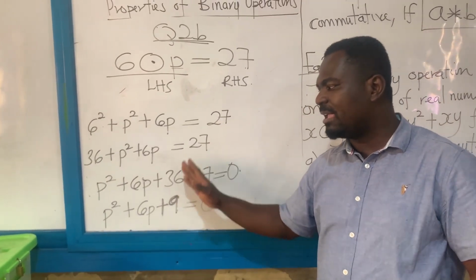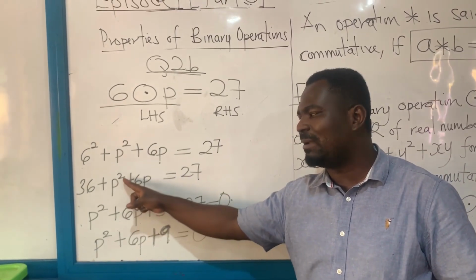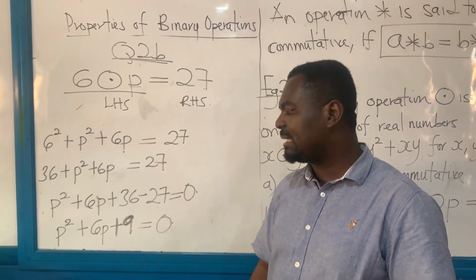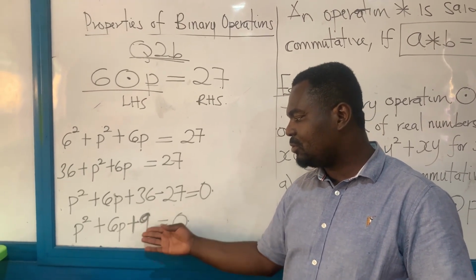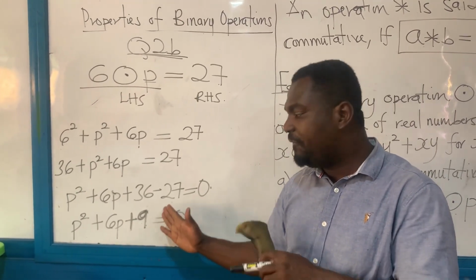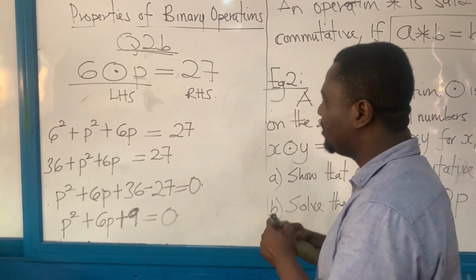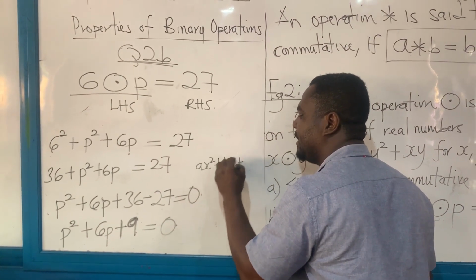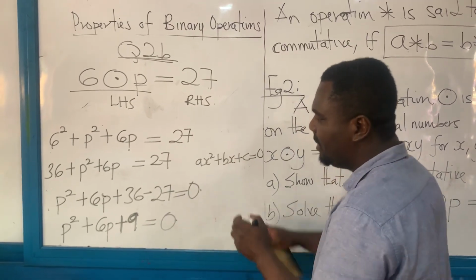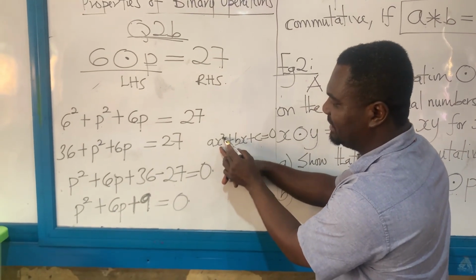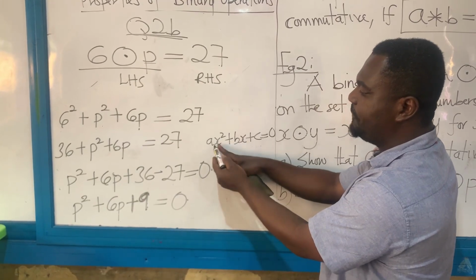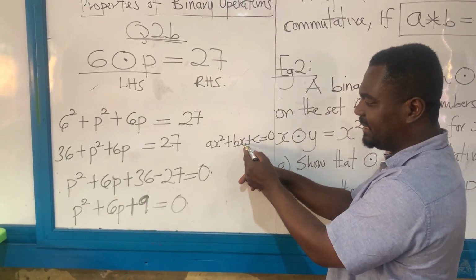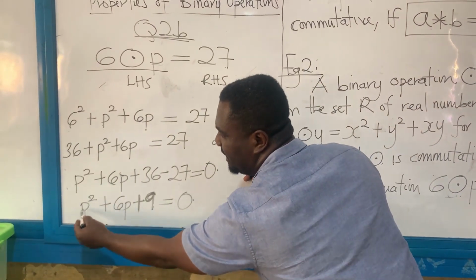So anytime you are given an equation where you are getting a quadratic term, then you need to solve this by quadratic formula. You are going to arrange this in the quadratic. If you know the quadratic equation is always given by ax squared plus bx plus c equal to 0, where the x squared will come first, followed by, as we move from left to right, the x keeps decreasing. So that is why we are getting p squared.